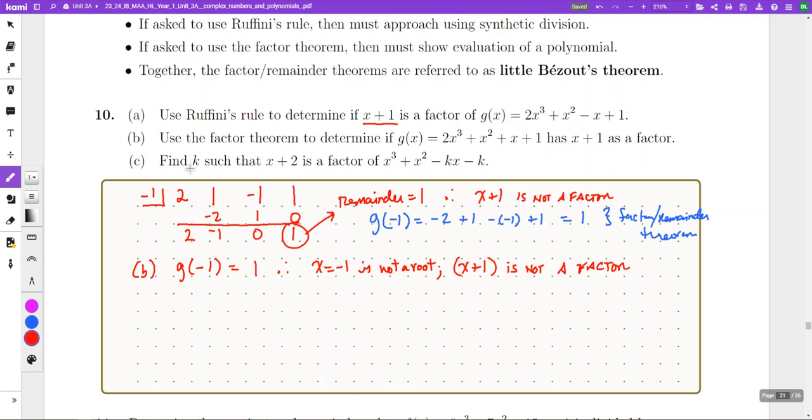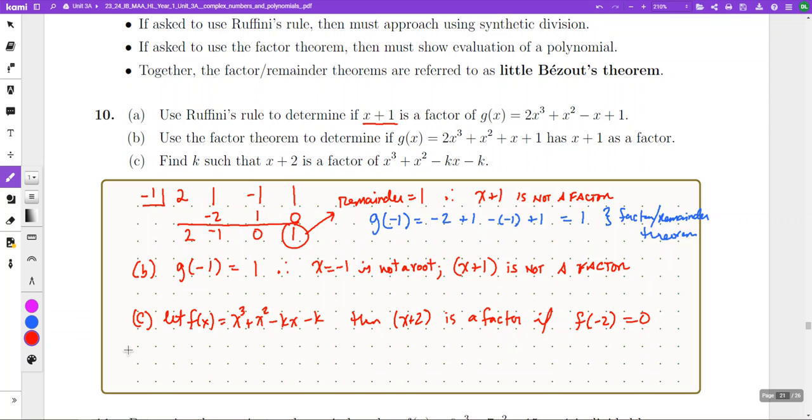And lastly, find k such that x plus 2 is a factor of x cubed plus x squared minus kx minus k. All right, so if I let f of x equals x cubed plus x squared minus kx minus k, then x plus 2 is a factor if f of -2 equals 0.